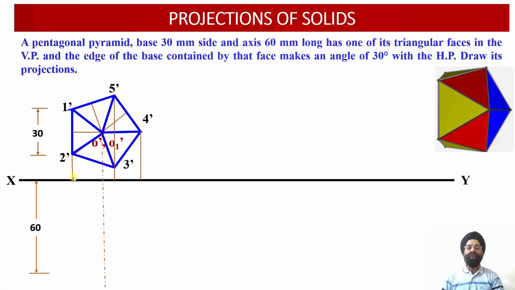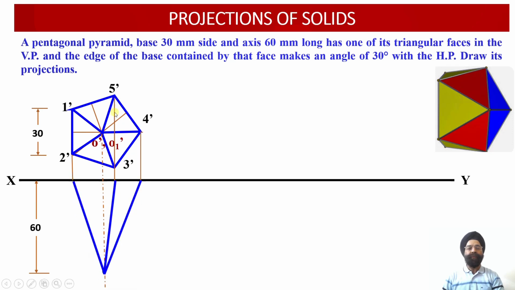In order to draw the top view projections, we can see the axis points O dash and O1 dash have already been evaluated. So from O dash and O1 dash, we have drawn the axis height equal to 60 millimeter. Now points 1 dash and 2 dash will be projected onto the XY reference line as 1 and 2 over here.